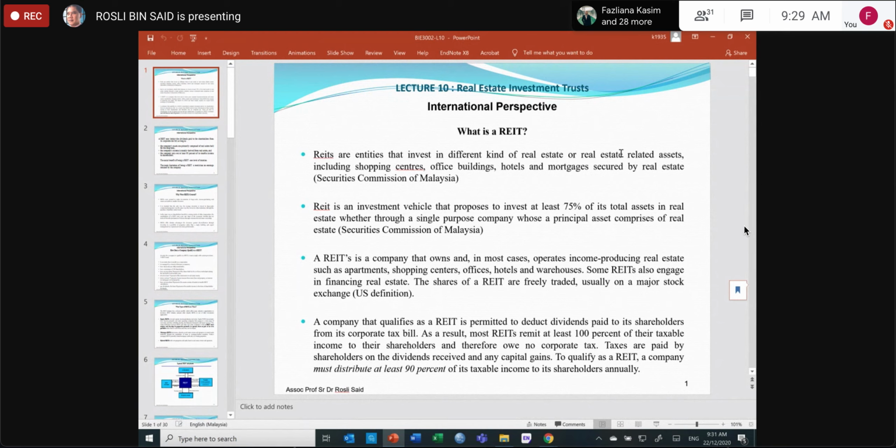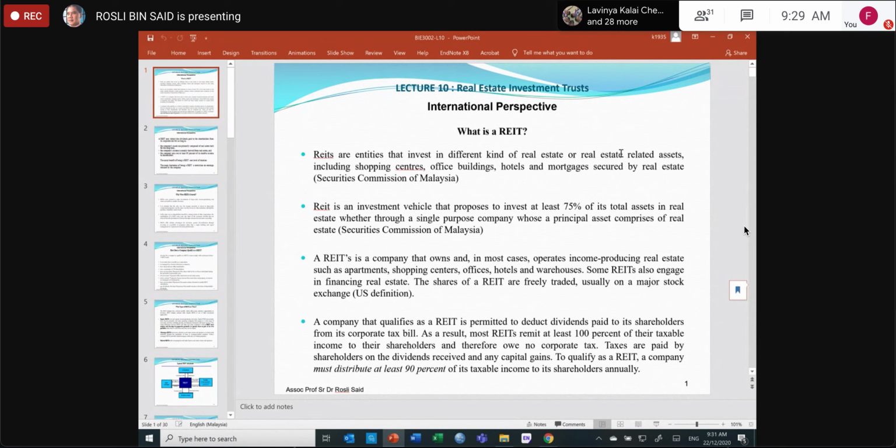So this is the best way if you cannot afford to invest in a unit as a whole. We can purchase a share of that particular company. That's the beauty of having a real estate investment trust.